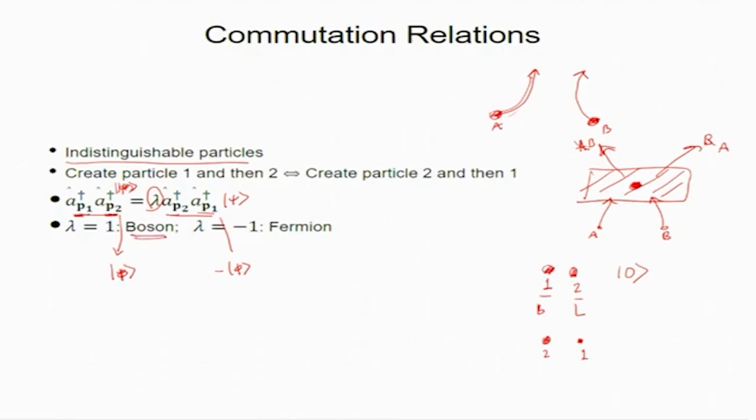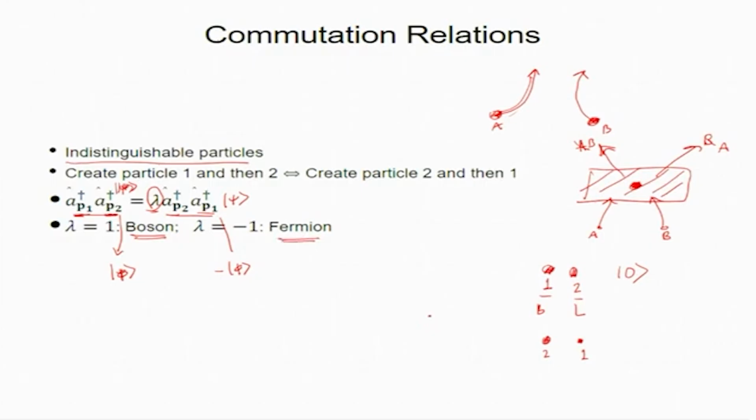So +1 is called bosons, when you commute these two creation operators. So for bosons these creation operators will commute. In fact, I showed you, right, a creation operator is commuted, but what if they do not commute and get a minus sign? This is a minus sign, okay, it did not commute. There is a possibility in nature that it can come with a minus sign, and that is fermion.